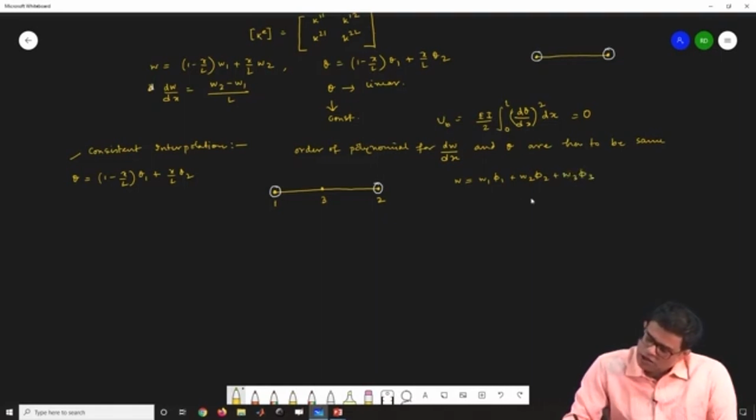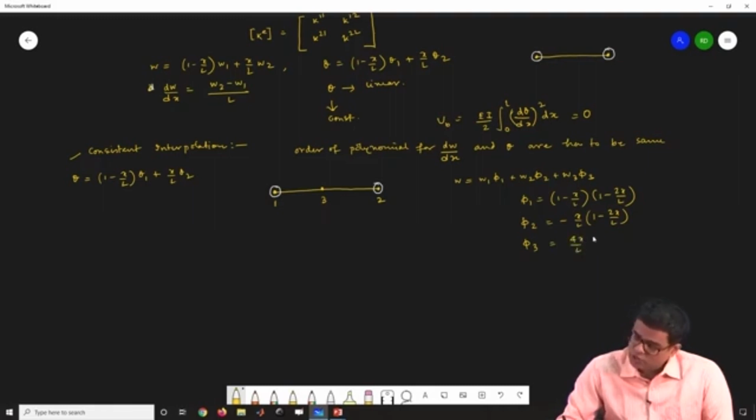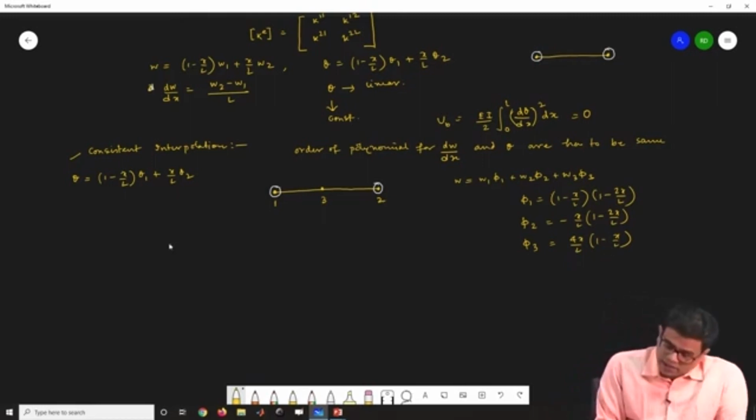Now phi 1 is, as we know, (1 minus x/L) into (1 minus 2x/L), and phi 2 is actually minus (x/L) into (1 minus 2x/L), and phi 3 will be 4x/L into (1 minus x/L). So this is how we did it.